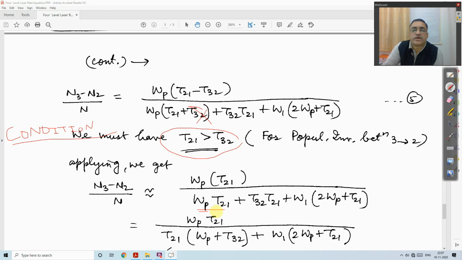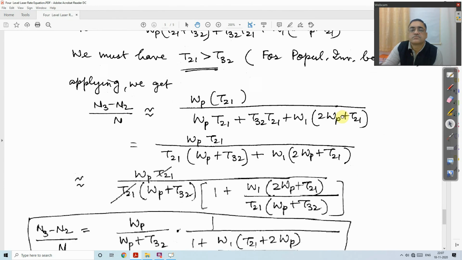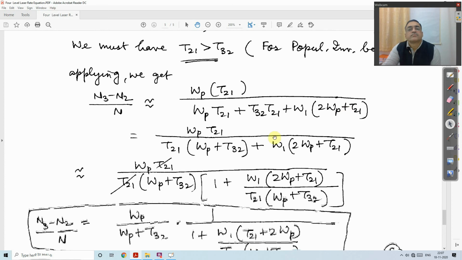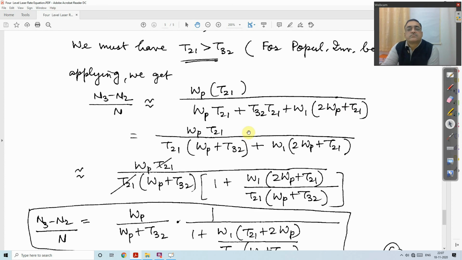So it simplifies. The relative population inversion density comes out to be WP T21.